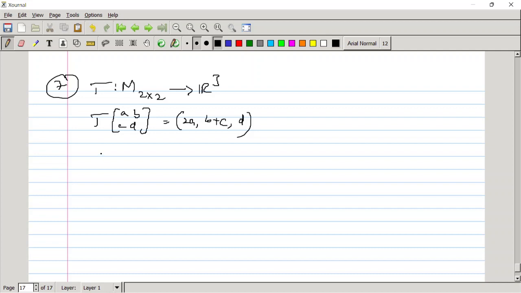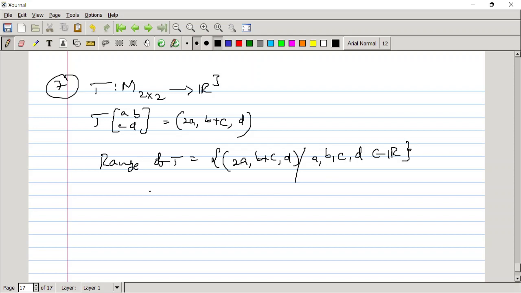So here we can easily see that the range of T is nothing but the collection of the elements 2a comma b plus c comma d such that a, b, c, d belong to R. So it is enough to calculate the basis for this set.